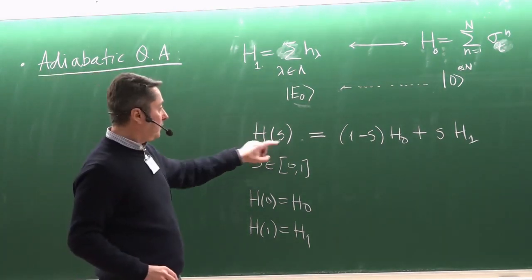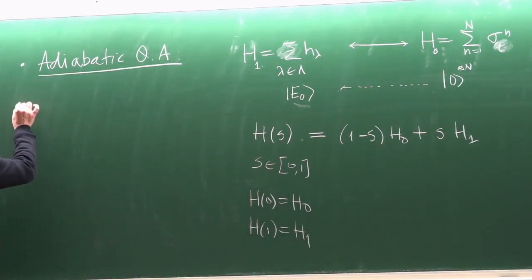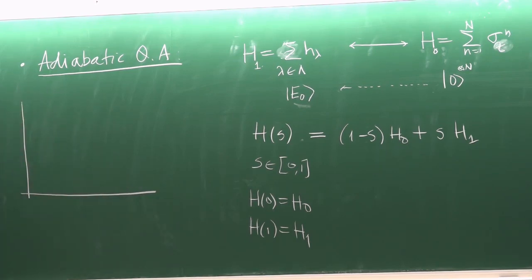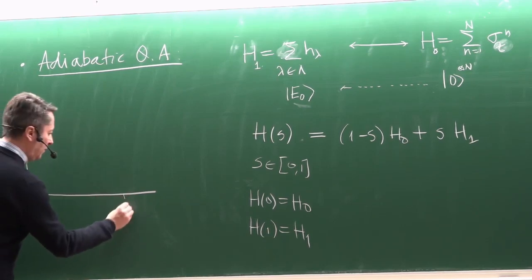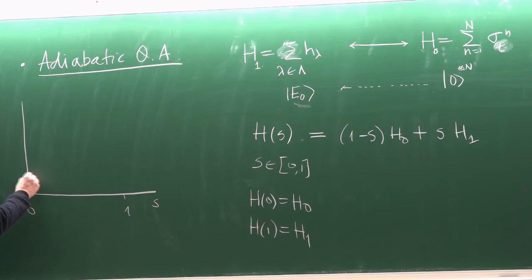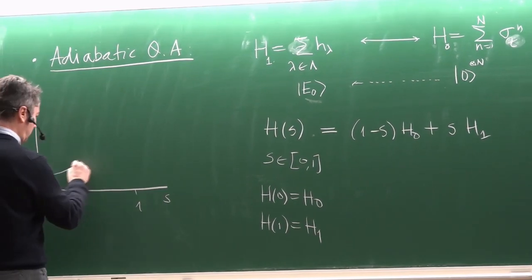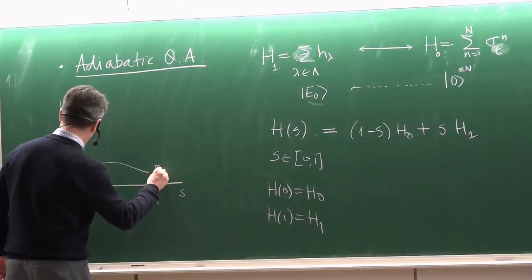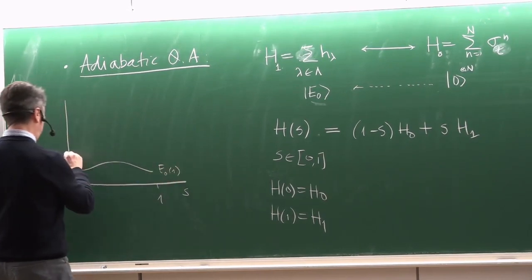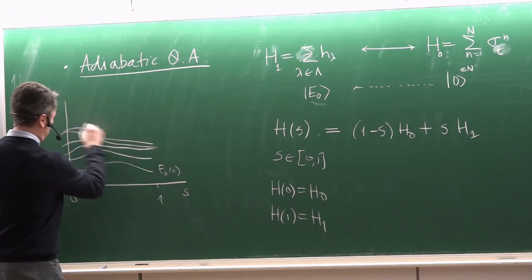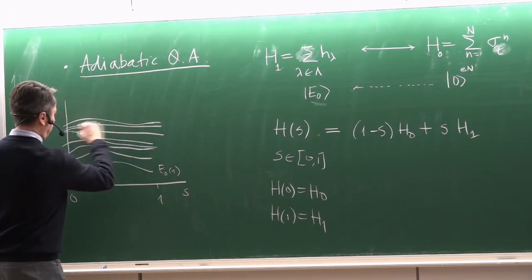And now what we could do is to write the spectrum, so the eigenvalues of this Hamiltonian, as a function of s between 0 and 1. And so maybe there is the ground state E0 of 0, and then E0 of 1, and we have all these 2 to the n eigenvalues that will change as a function of your parameter.